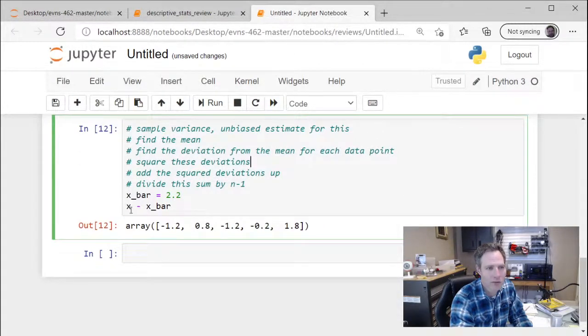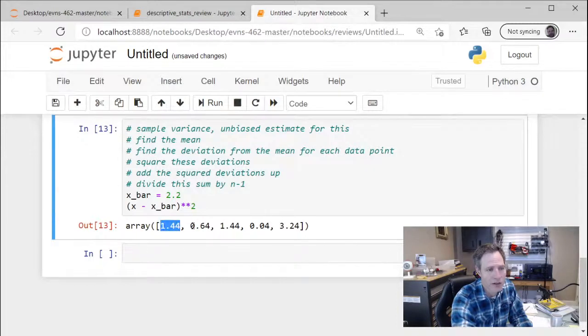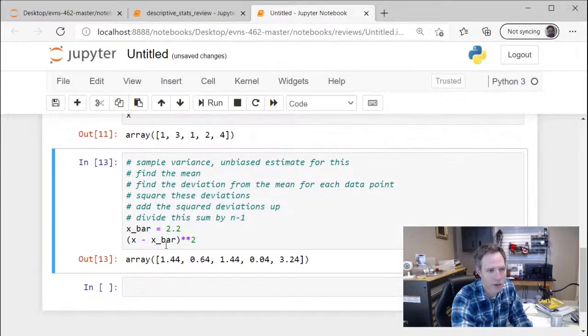What's the next step? Square these deviations. Okay. So in Python, squaring something uses the multiplication sign twice, like this, followed by 2. So that double multiplication means square what's in there. So I squared each of those deviations, and the first squared deviation is 1.44, etc. Right?